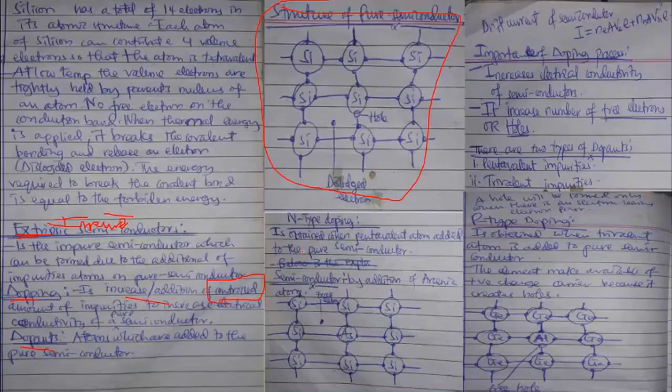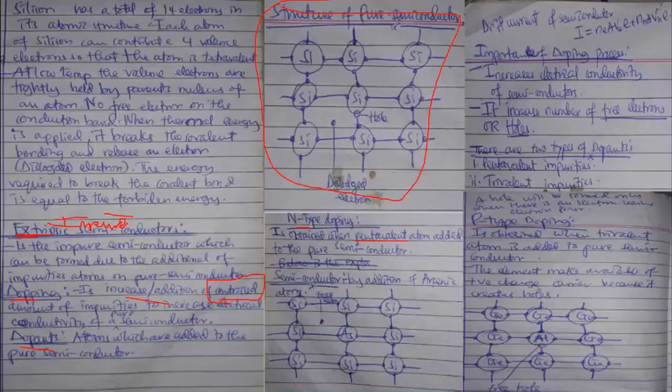So to start with, N-type doping is obtained when a pentavalent atom is added to a pure semiconductor. Pentavalent is the keyword here, because I said N-type doping, the net effect, as the name suggests, N, should be negative. So it should be helping the semiconductor attain more negative charges, so that it can promote more conduction.